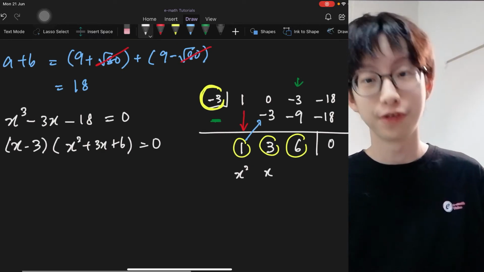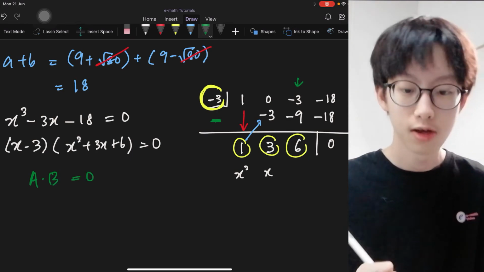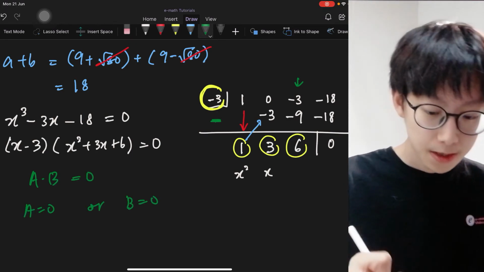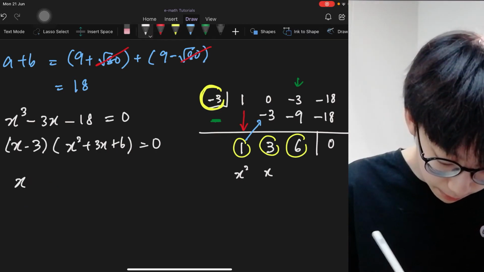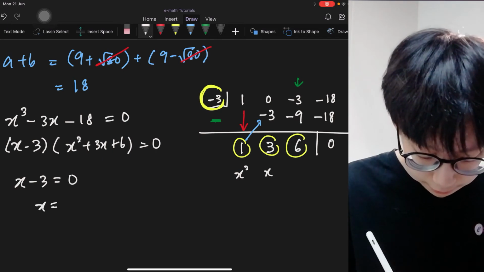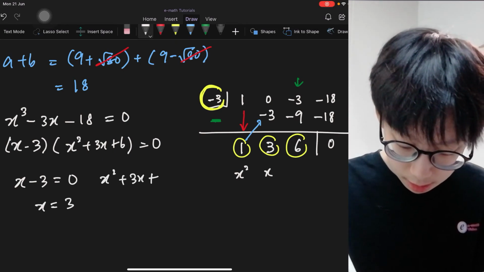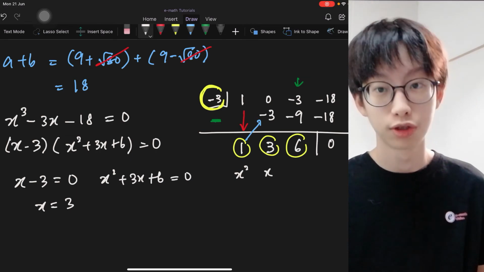By the zero product principle, if a times b gives you 0, then either a is 0 or b is 0. So we can say that x minus 3 equals 0, which means x equals 3, or this quadratic equation equals 0. I don't think we have any real solution for this.